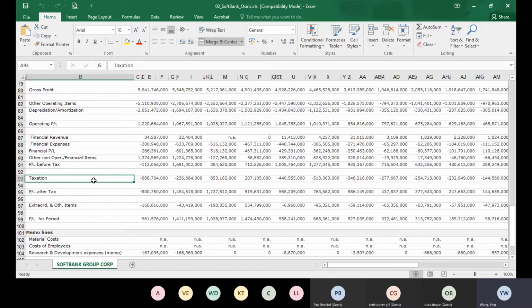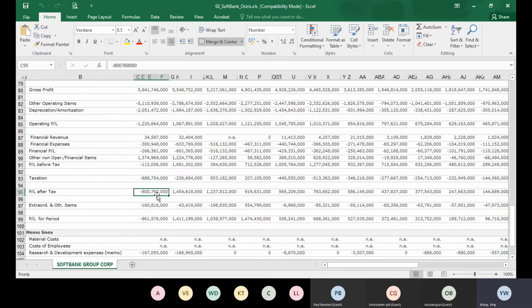After that is taxation, and that will give you the profit or loss after tax. So this is what the company can use to decide whether they want to pay a dividend, for example, whether they want to distribute those earnings to shareholders.